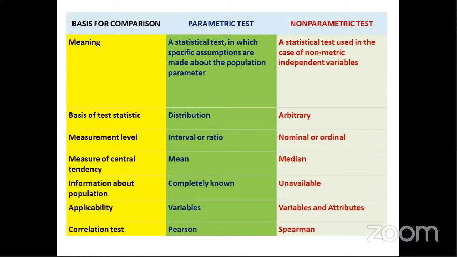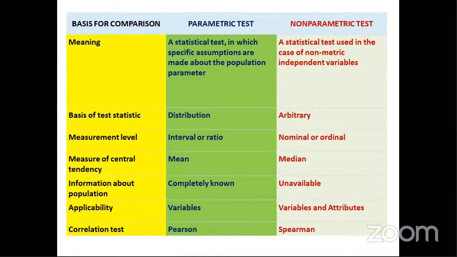Now, let's talk about the basis of the test. If you talk about parametric, it is a distribution test. Take note, there is T student distribution, there is Z student distribution, there is a normal distribution. We have the Gaussian distribution, the Gaussian curve.